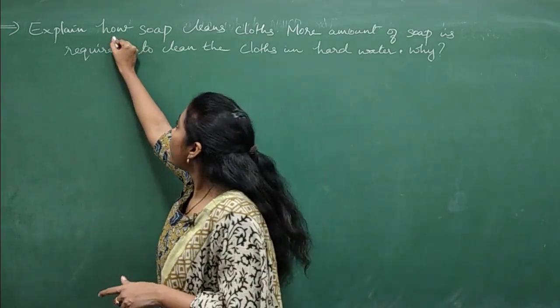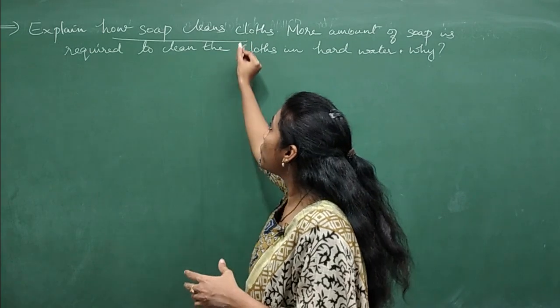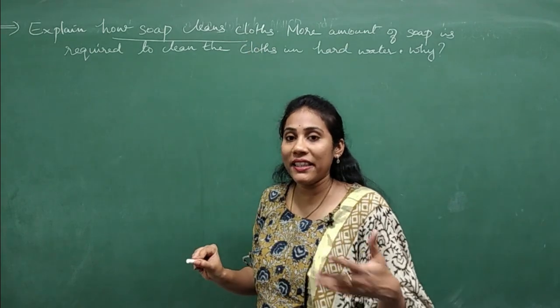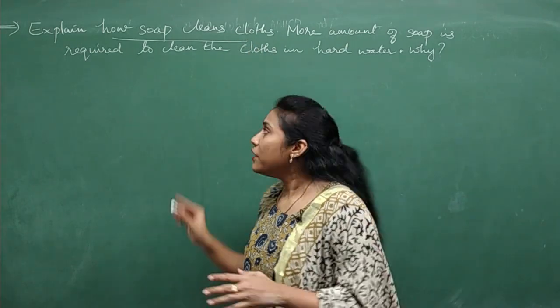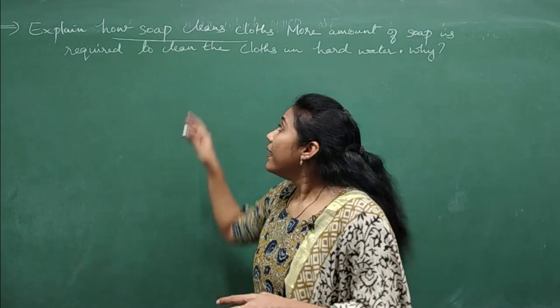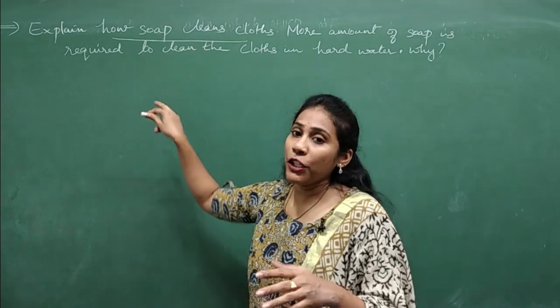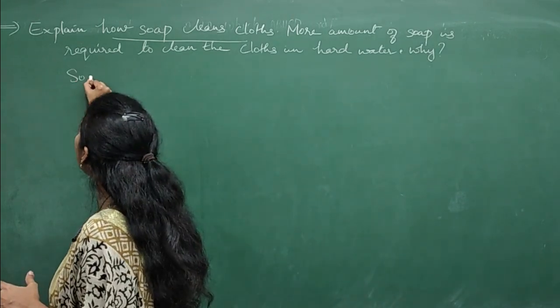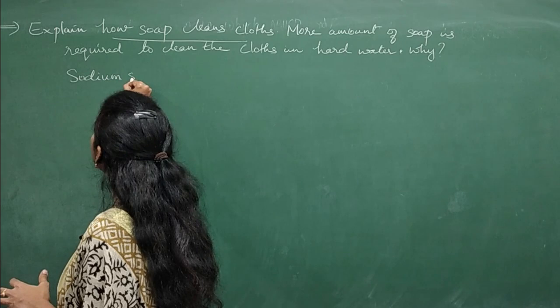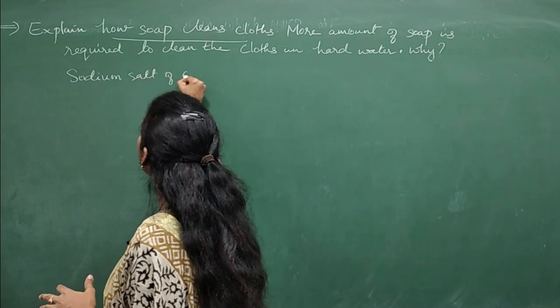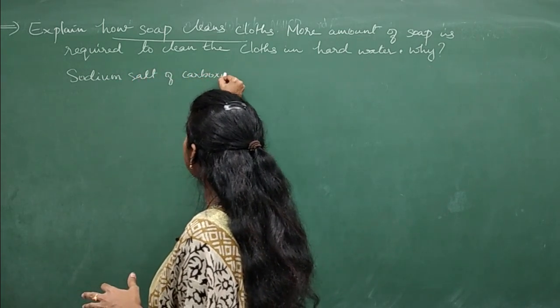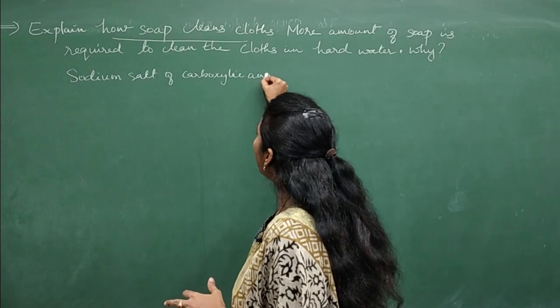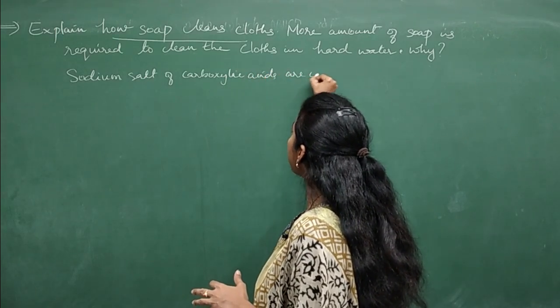So first question here: explain how soap cleans the cloth, or explain the cleansing action of a soap. So how do you write this? See, first you tell what you mean by a soap. Sodium salts of carboxylic acids are called soaps, isn't it?